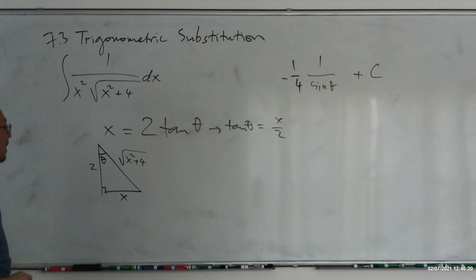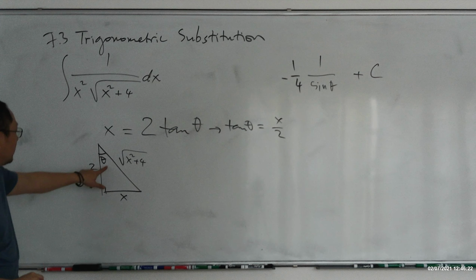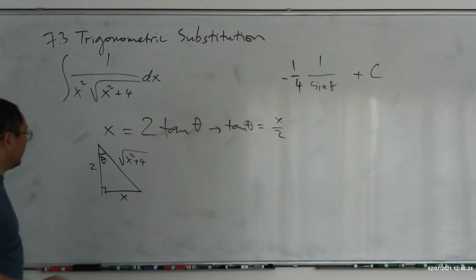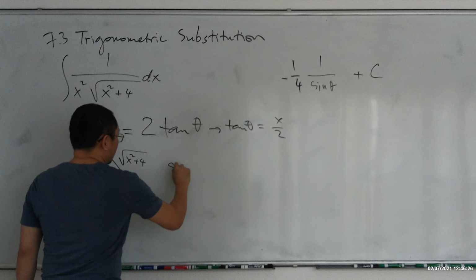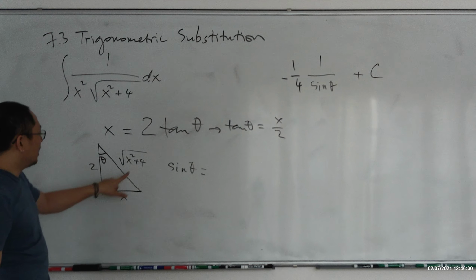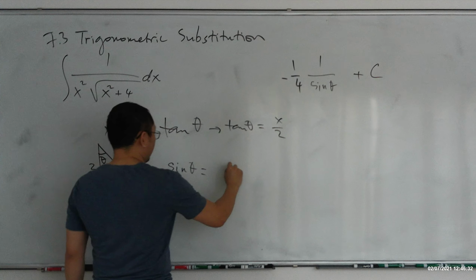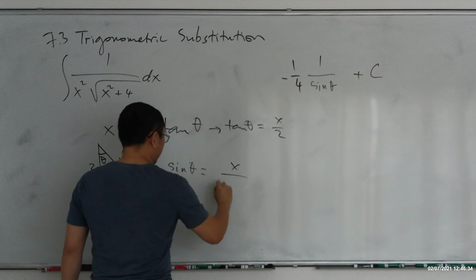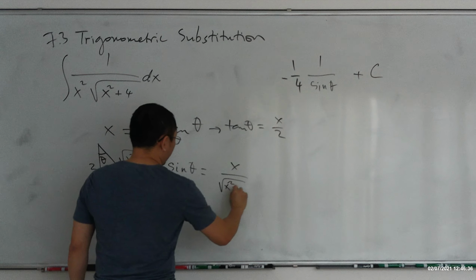So I have everything about the right triangle with the angle theta in there, so I can calculate sine of theta. Sine is opposite over hypotenuse. That's going to be x over square root of x squared plus 4.